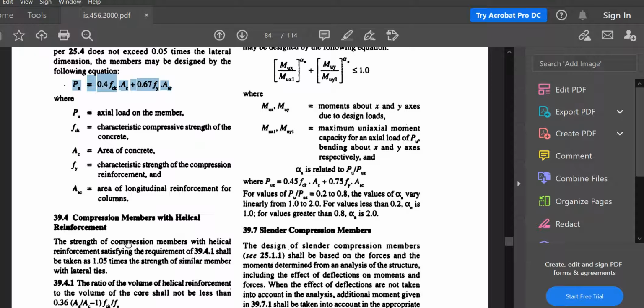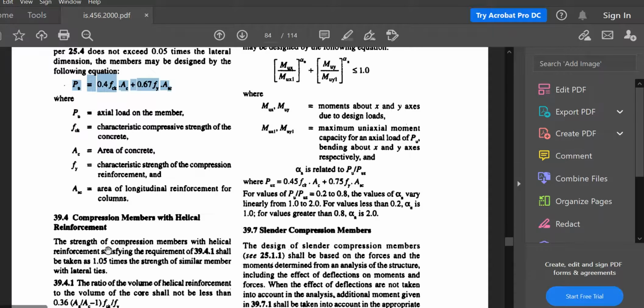With helical reinforcement, I told you in the initial classes of introduction to compression members, at the beginning both the column with helical reinforcement and lateral ties will behave similarly. But when the load is increased, the load carrying capacity of the helical reinforcement will be higher. That is because it will provide more confinement.